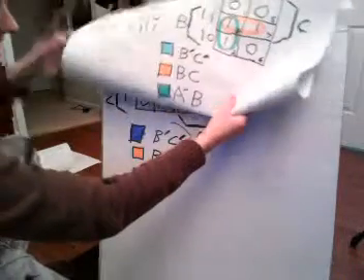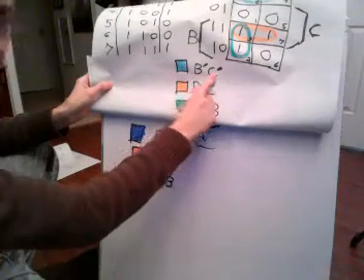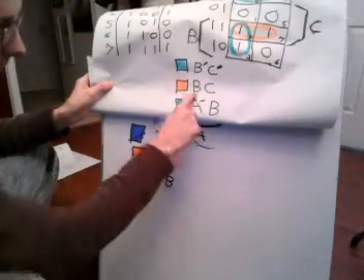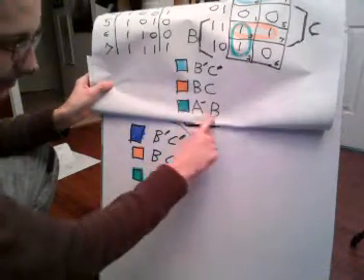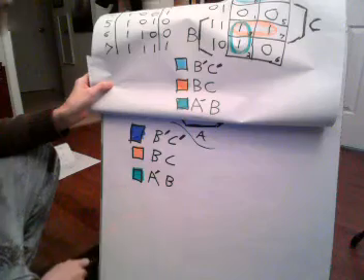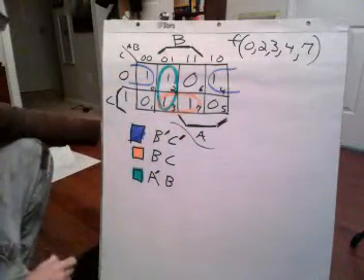Flip this back over. And we just look at the expressions that we came up with. We came up with a B naught, C naught, a B, C, and an A naught, B. And so that proves that the dimension doesn't matter.